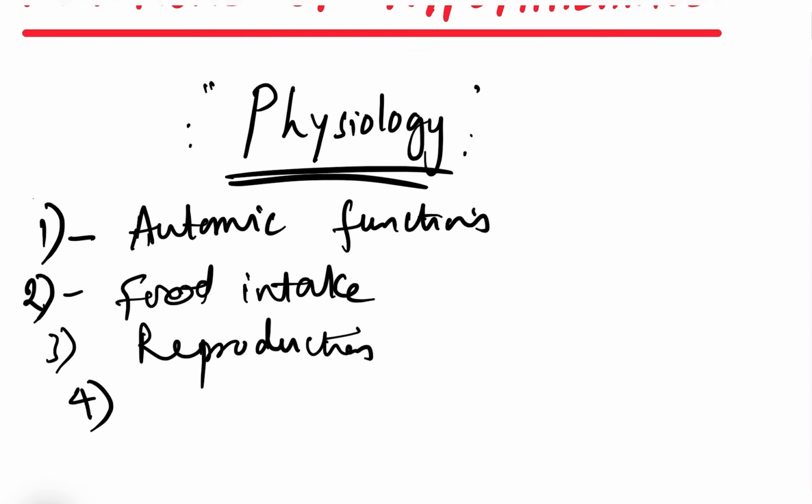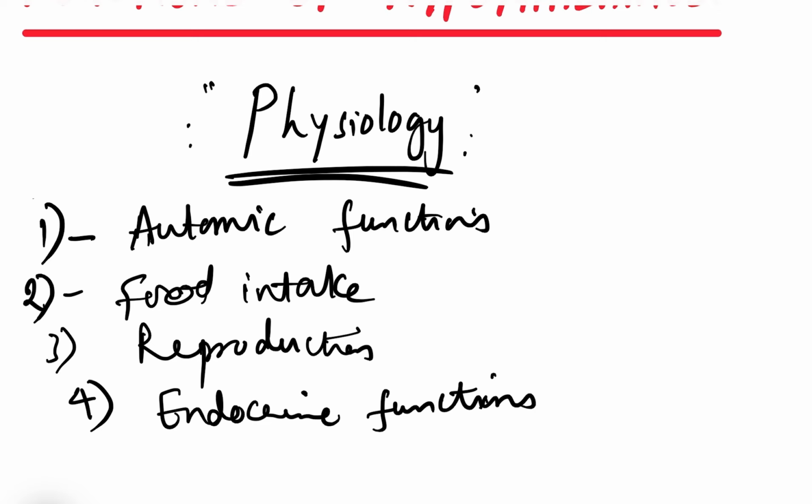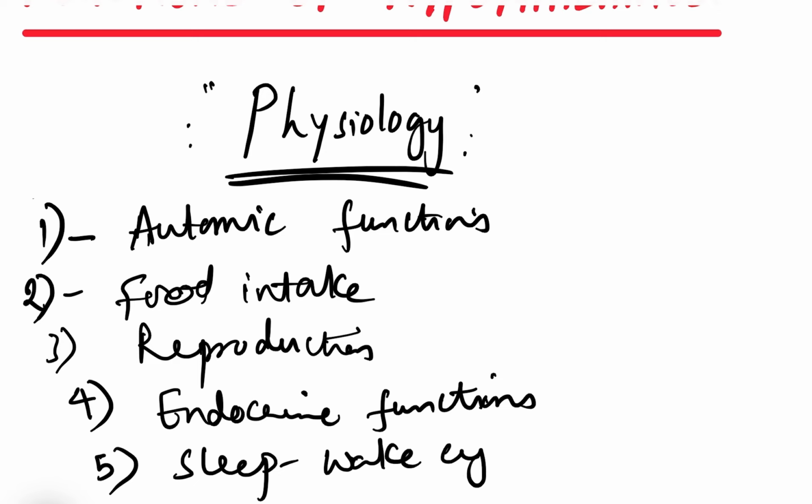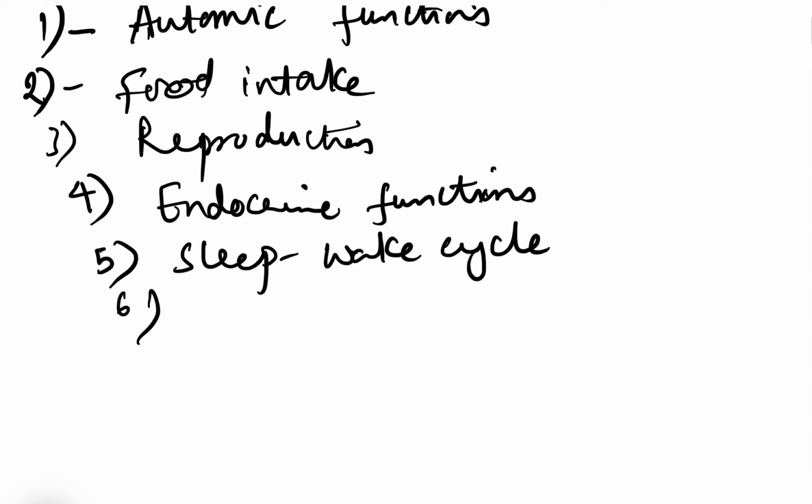Then we discussed the endocrine function, especially that the anterior and posterior pituitary hormones are controlled by the hypothalamus. Then we discussed the sleep wake cycle. You can see the diverseness of this small 4 gram gray matter of the hypothalamus, how it is helpful in maintaining these various functions. Then it is also helpful in maintaining the circadian rhythm.